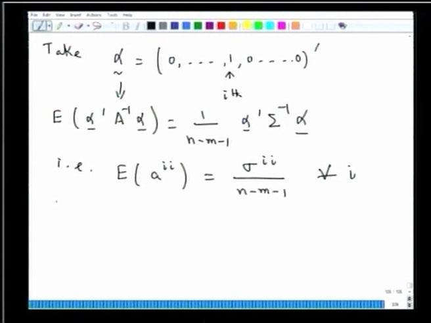Now further take another choice, taking alpha to be a vector which has 0 at all the positions except the ith and the jth position.